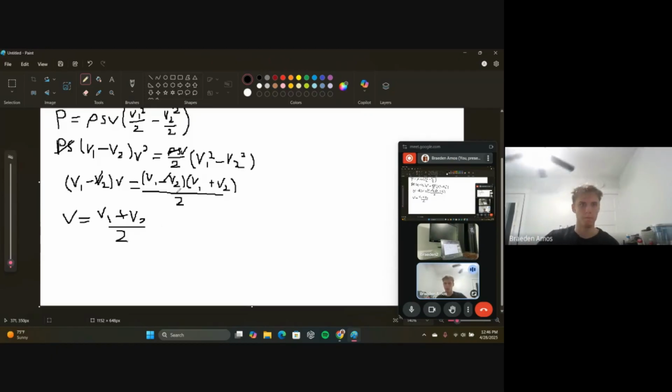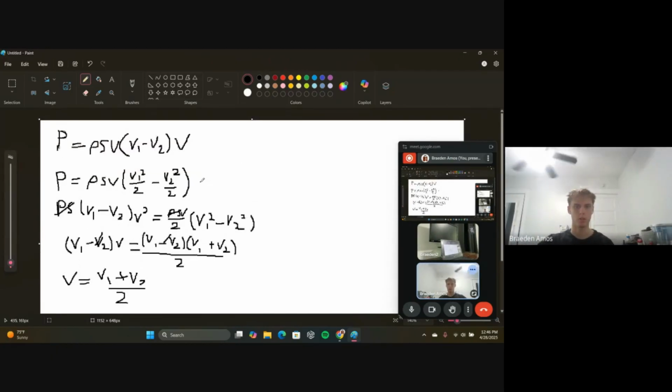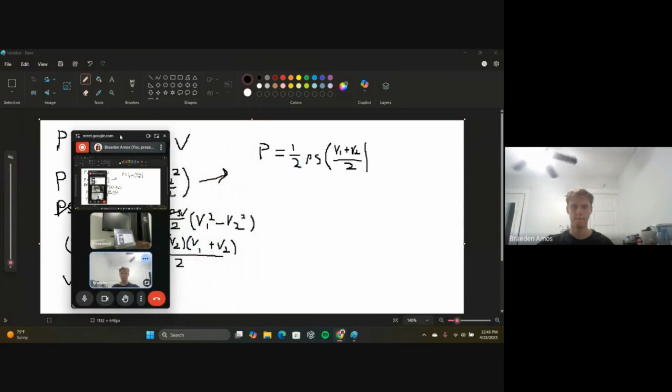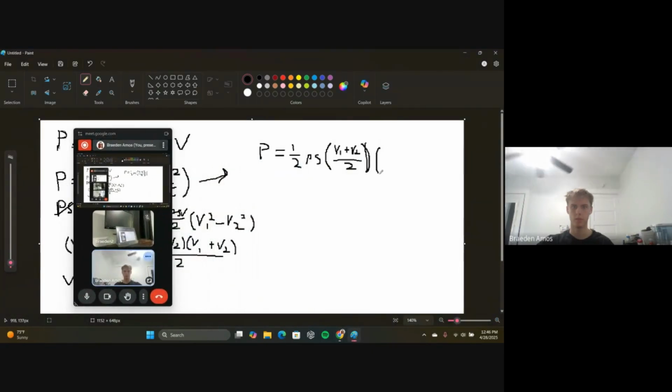Okay, so now we can go back up here. We're going to change this into P is equal to 1/2 rho S, change this into (V1 plus V2 over 2), those parentheses, times V1 squared minus V2 squared.